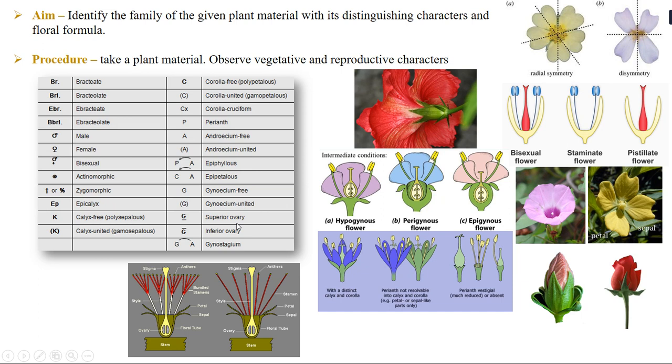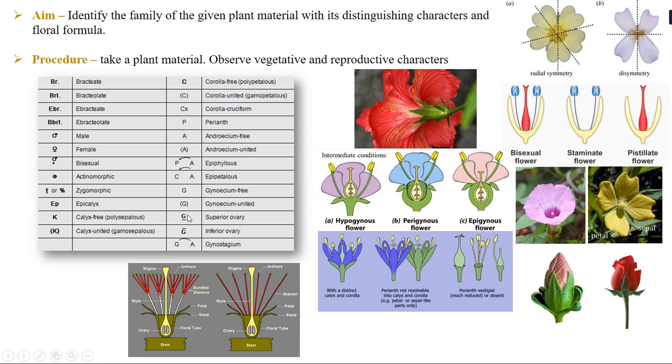Now, if the ovary of the gynoecium is superior, so as you can see over here in this picture, a hypogynous flower, that means the ovary is superior and all the other whorls are arising from beneath the ovary. Now, how do you write it as a symbol?